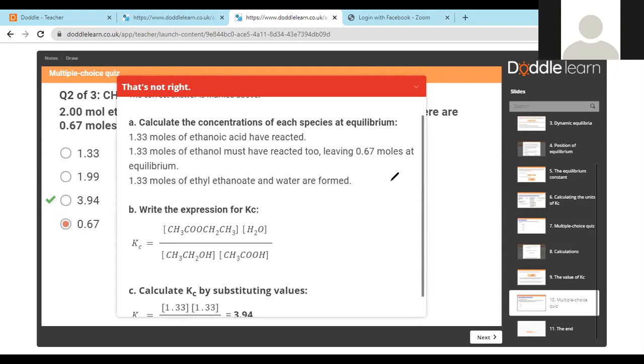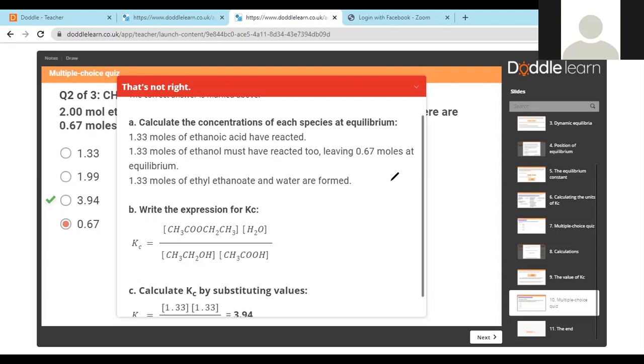And 1.33 moles of ethanol must have reacted, leaving 0.67 moles at equilibrium. Therefore, 1.33 moles of ethyl ethanoate and water were formed. If you're wondering where the 1.33 moles have come from, what we've done there is 2 minus 0.67 moles, and that will give us our 1.33.